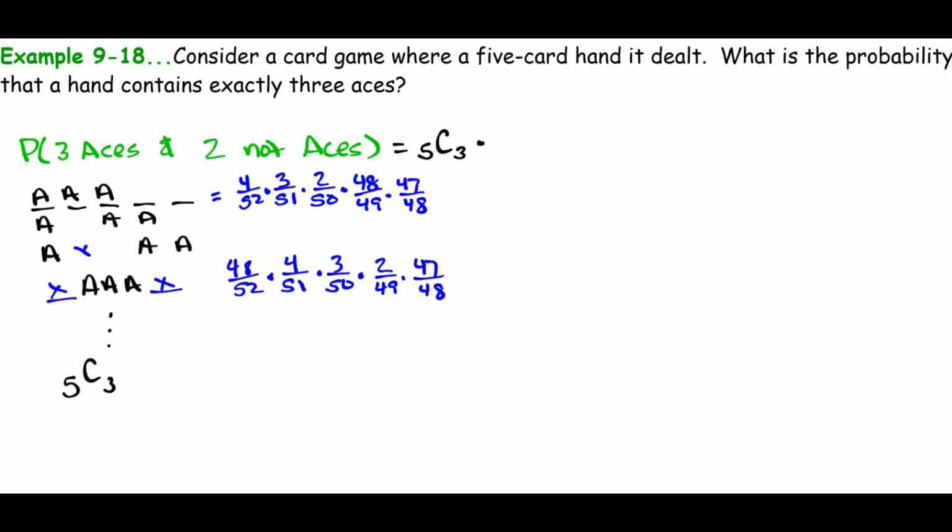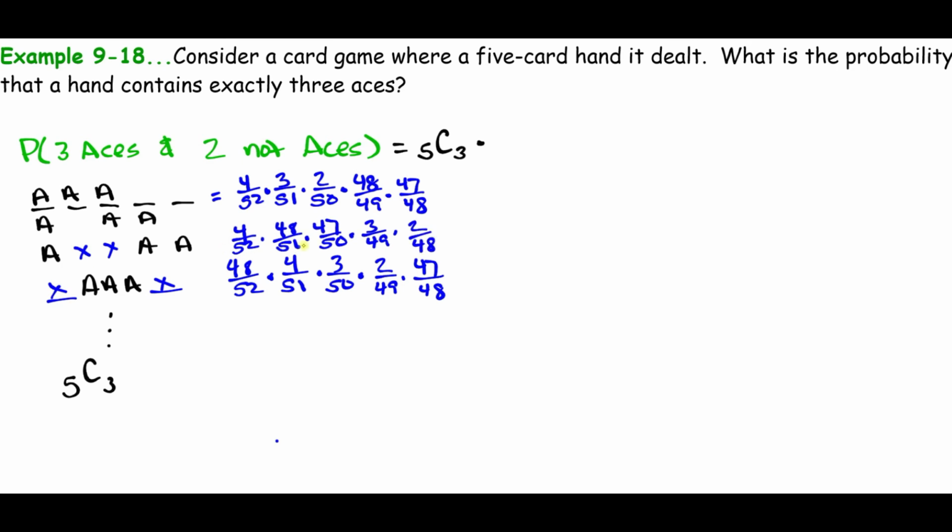The same thing here, if we had ace, not an ace, not an ace, ace, and ace. This would be an ace, which is 4 out of 52, times not an ace, so 48 out of 51, and then not an ace again, so 47 out of 50, and then an ace, so 3 out of 49, and then another ace, so 2 out of 48.